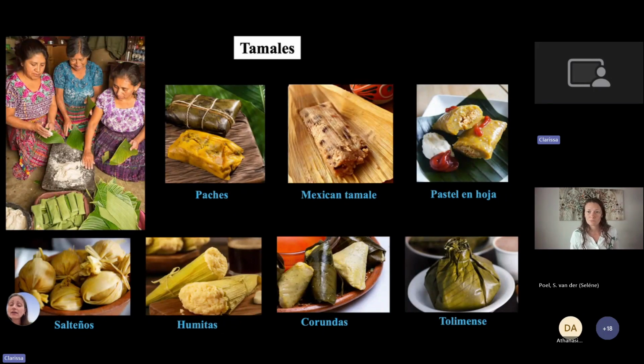You add water, you add other ingredients that could be vegetable, plant-based, but you can also add meat. And then these are wrapped in various leaves, typically maize husks, and then they're cooked. And then once they're cooked, you remove the wrap and you eat what's inside. They have different names depending on where you are in the Americas, but the idea is the same, right? That you're wrapping something.